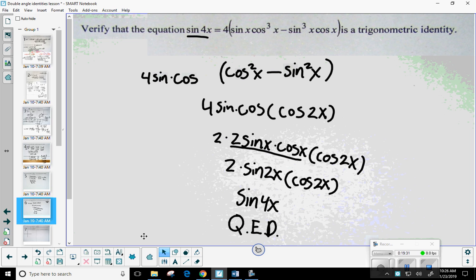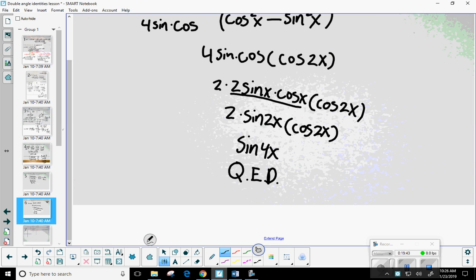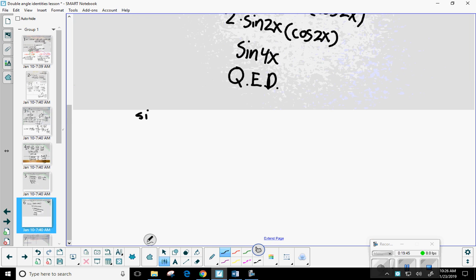Now, let me go ahead and show you one more thing. In case you weren't convinced on the pattern that sine of 4x was actually going to give you this expression right here, let's look at it similar to what we did when we were deriving these identities. If I have sine of 4x, is that equivalent to sine of 2x plus 2x? Because that's 4x, right?